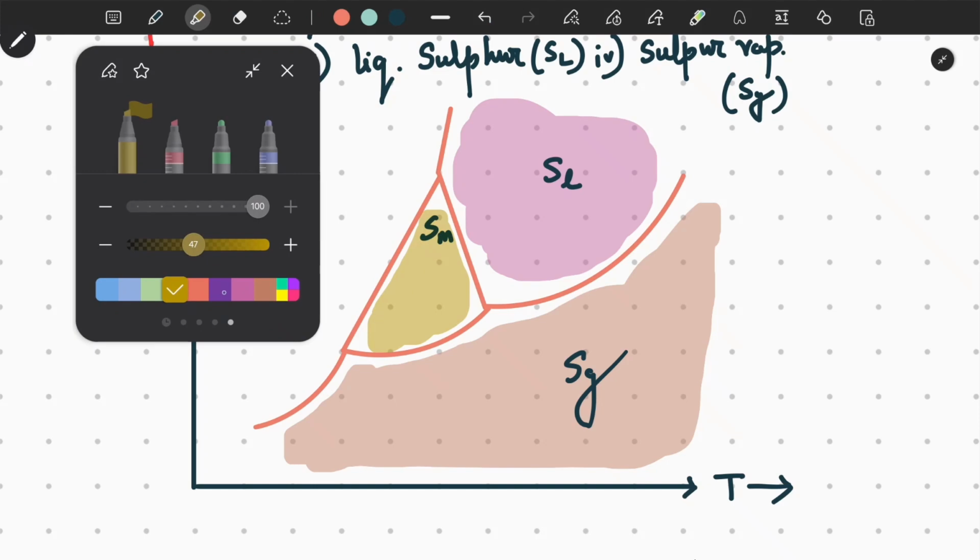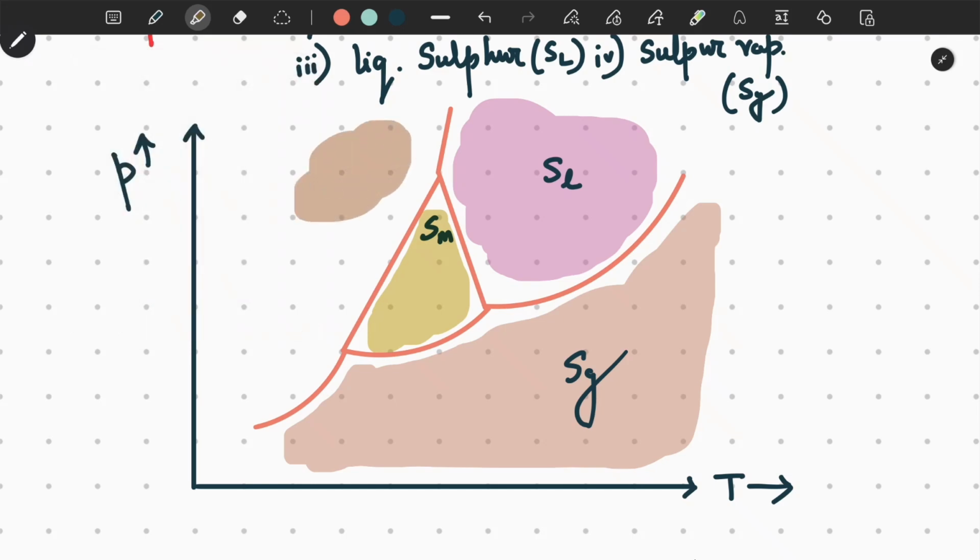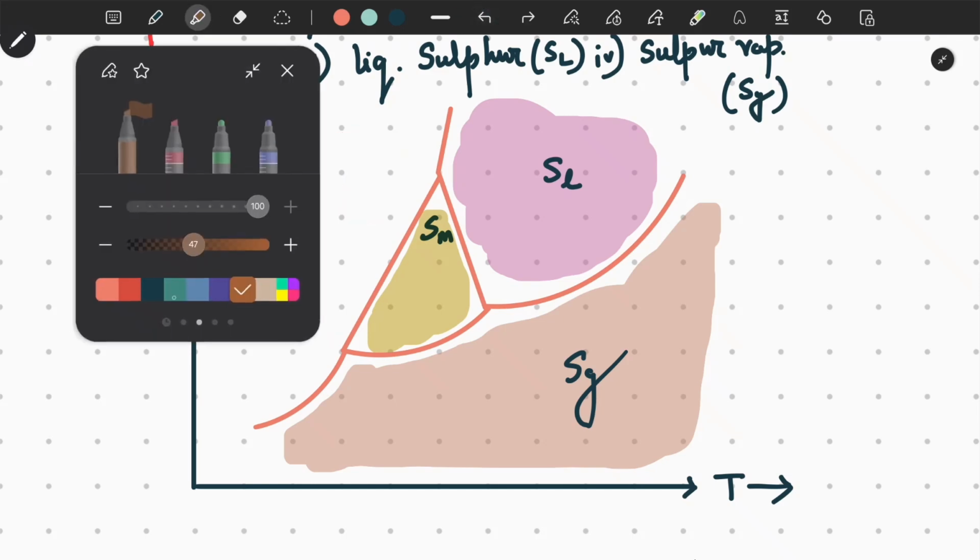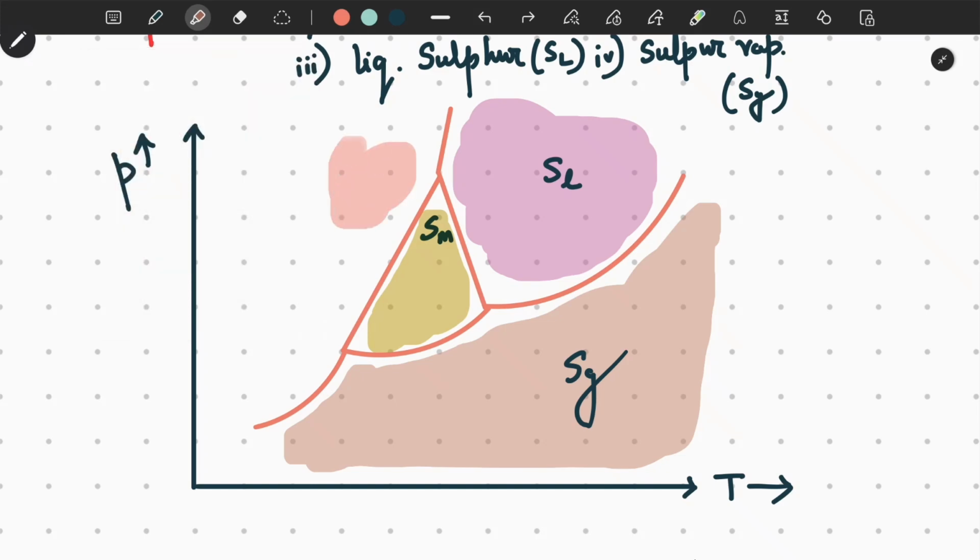And this is sulfur rhombic. So this is the phase diagram.